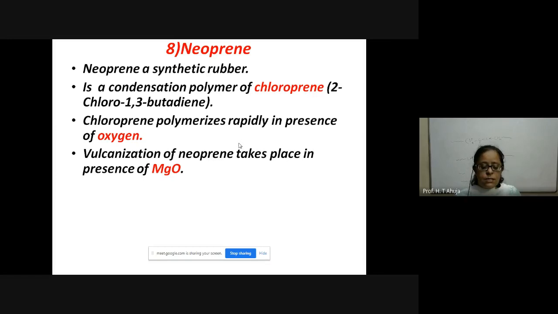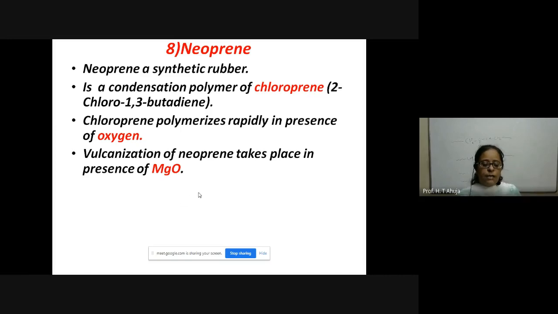Vulcanization of this neoprene takes place in presence of magnesium oxide. Now see, this polymer is called neoprene. It is obtained from the monomer chloroprene. So please don't get confused. Chloroprene is the monomer and neoprene is the polymer, which is obtained from chloroprene by polymerization.